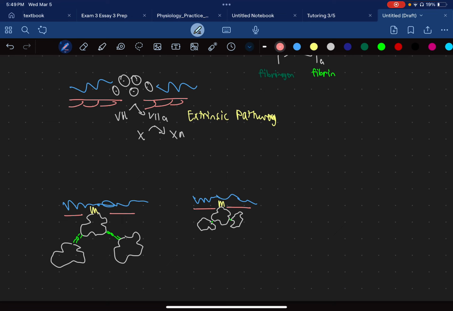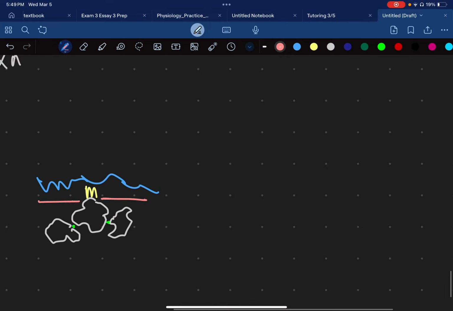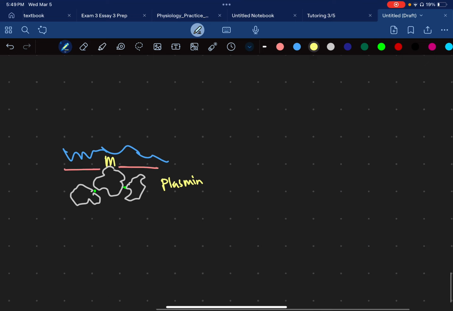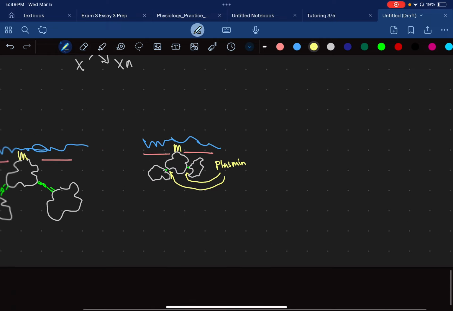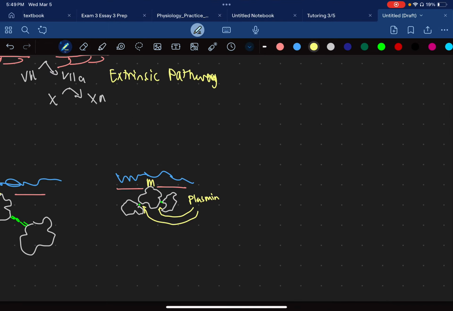And then eventually what's going to happen is something called plasmin is going to come in and it's going to attack that fibrin, break it down. So we'll give some arrows here, some arrows there, and we're just going to be left with that one platelet right there that will eventually be pulled up to the top.